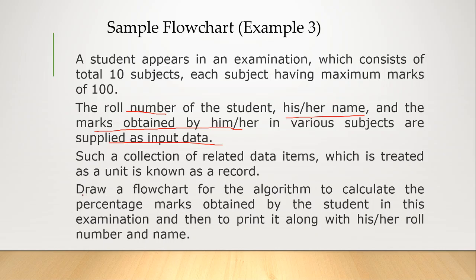So we have to draw a flow chart for the algorithm to calculate the percentage marks obtained by the student in the examination, and then to print it along with his or her roll number and name.